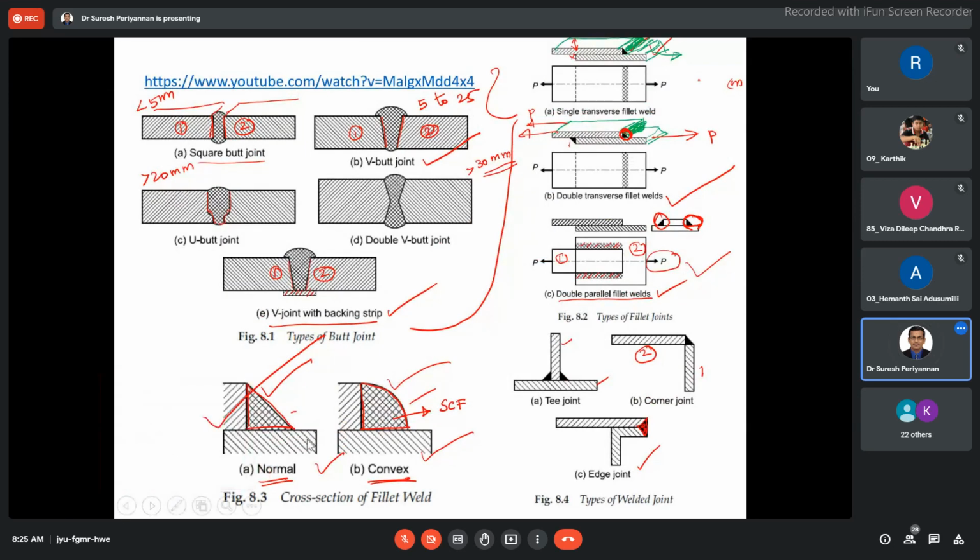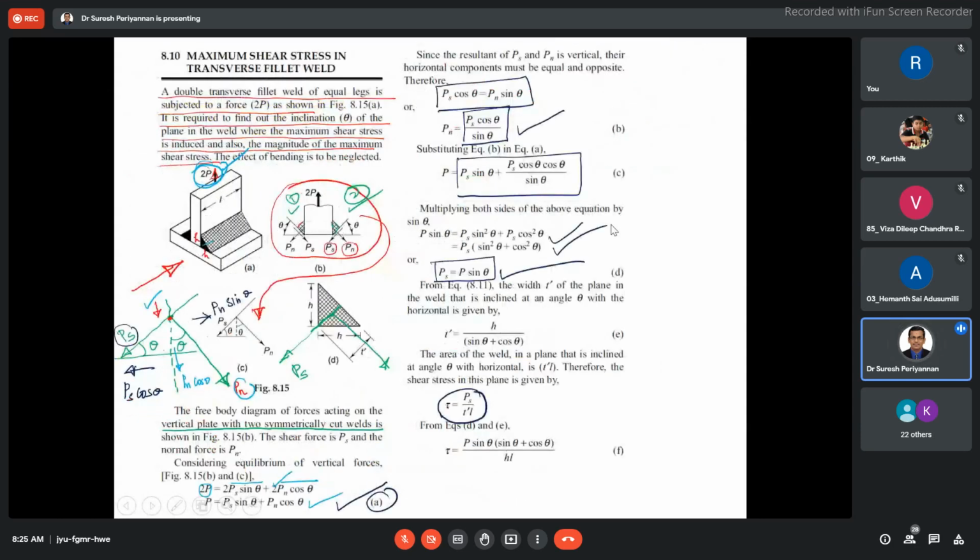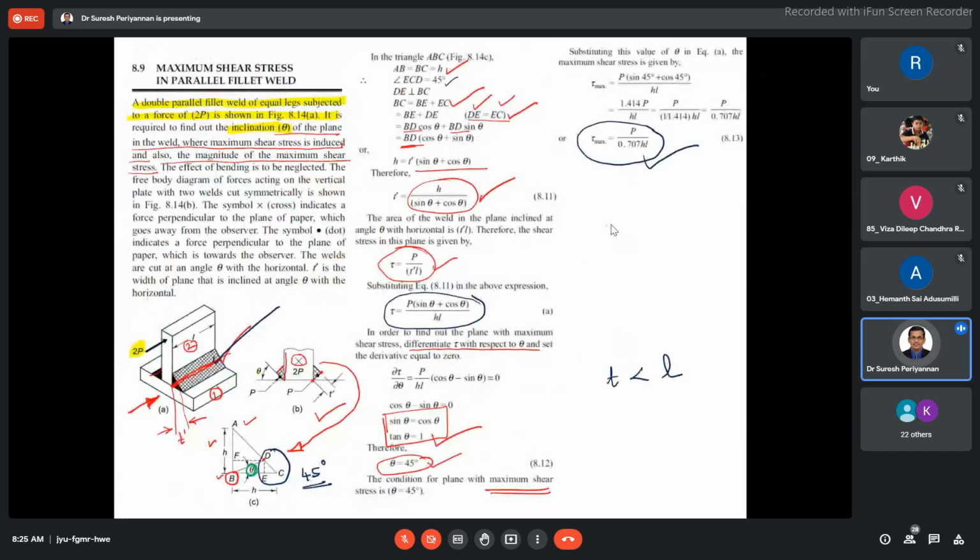Now this is the maximum shear stress in the parallel fillet weld. Theta is equal to 45 degrees, then tau max is equal to P by 0.707 HL. Previously, when we discussed the strength of the parallel fillet weld, we assumed 0.707; now we have proved that tau is equal to tau max, P by 0.707 HL.